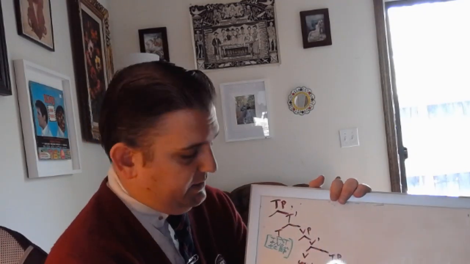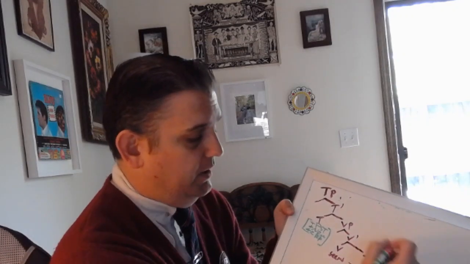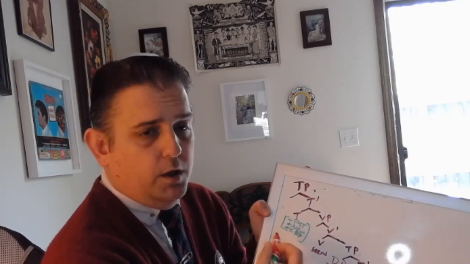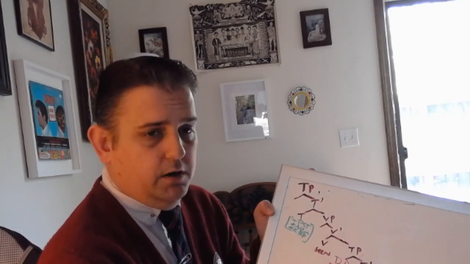So in this case, Hadass will keep moving because Hadass is not satisfied with case in this position. So on the next example, we'll see this. But the point still holds. This TP position, if Hadass was able to just skip around it, the EPP would not be satisfied, and this would be ungrammatical.